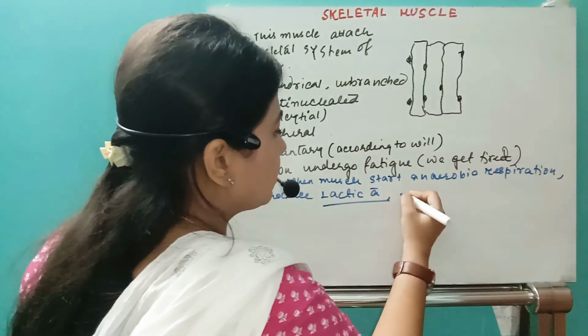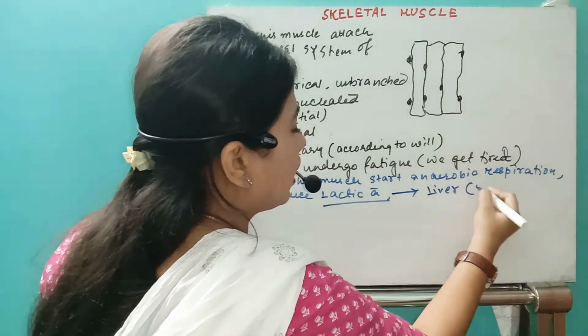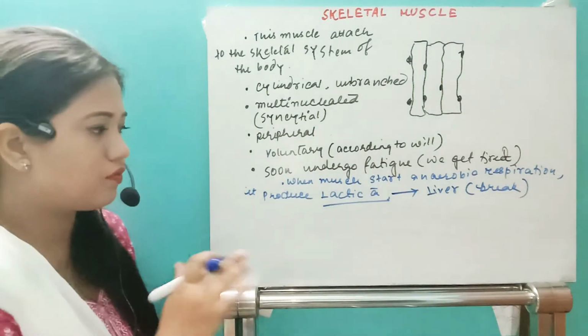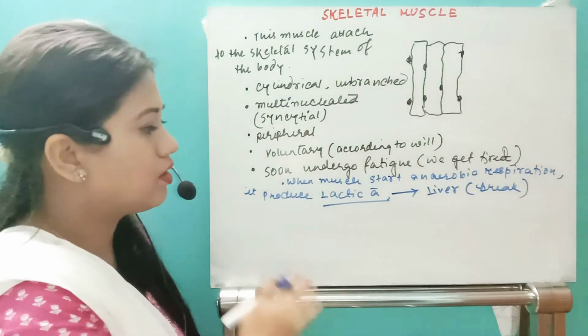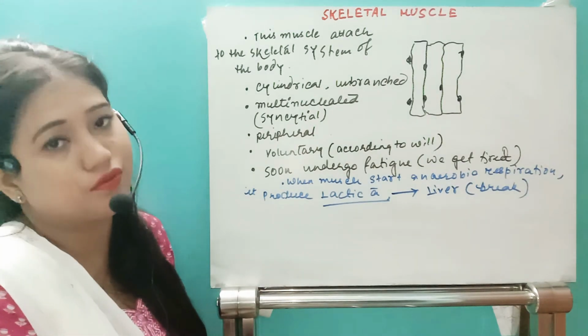And this lactic acid moves to the liver and further breaks down. That is the next point we need to know. So this is the reason why the muscles soon undergo fatigue.